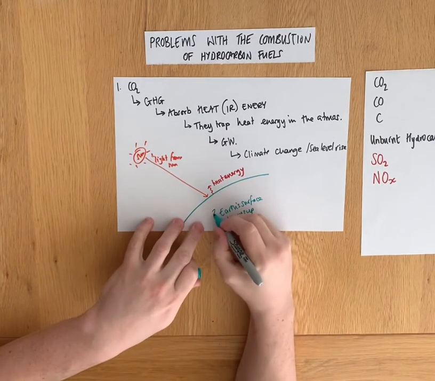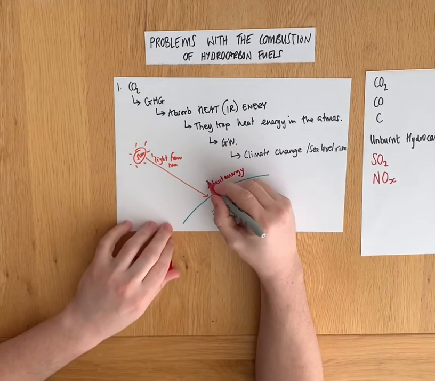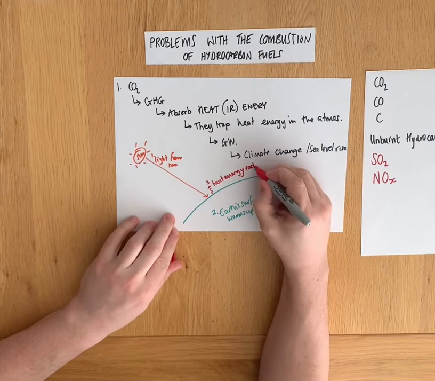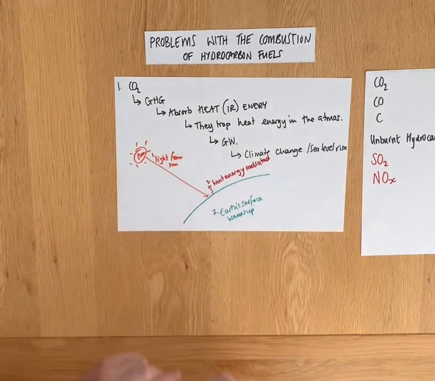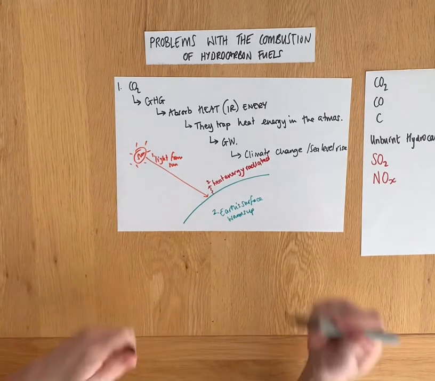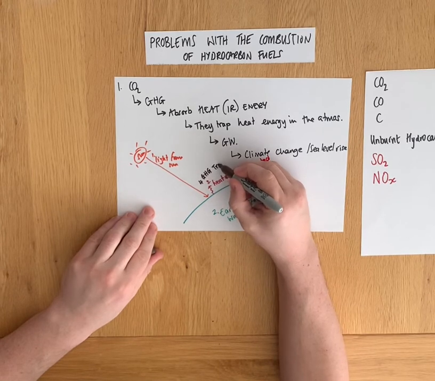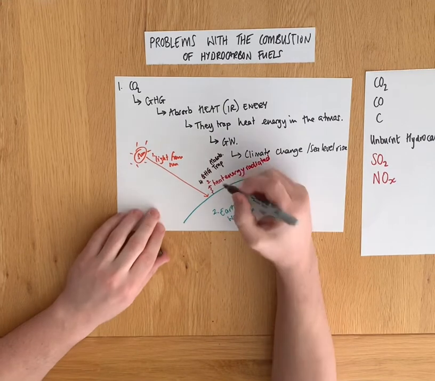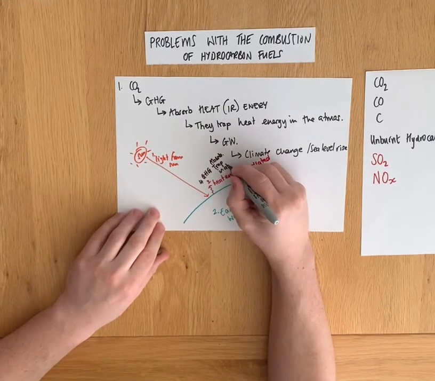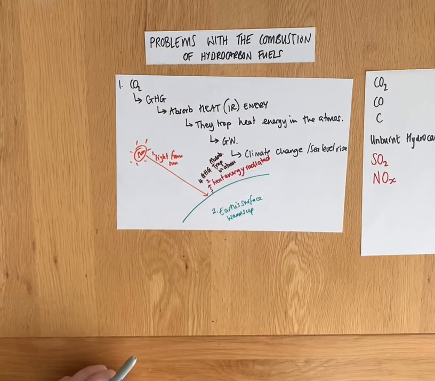So I should put on here the little stages. Is radiated. Now what happens is that the greenhouse gas, I'll do it in brown, so number 4, the greenhouse gas absorbs it and traps that heat energy in the atmosphere, instead of it just radiating out into space, and it can trap it there for quite some time.